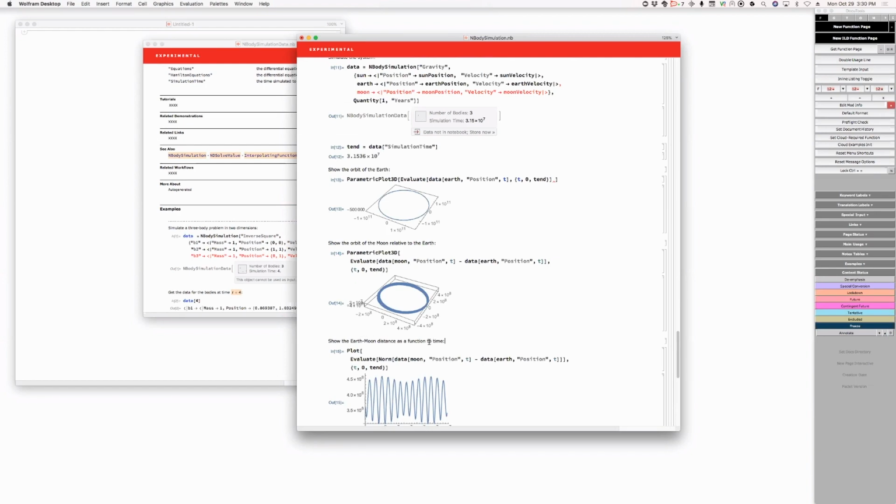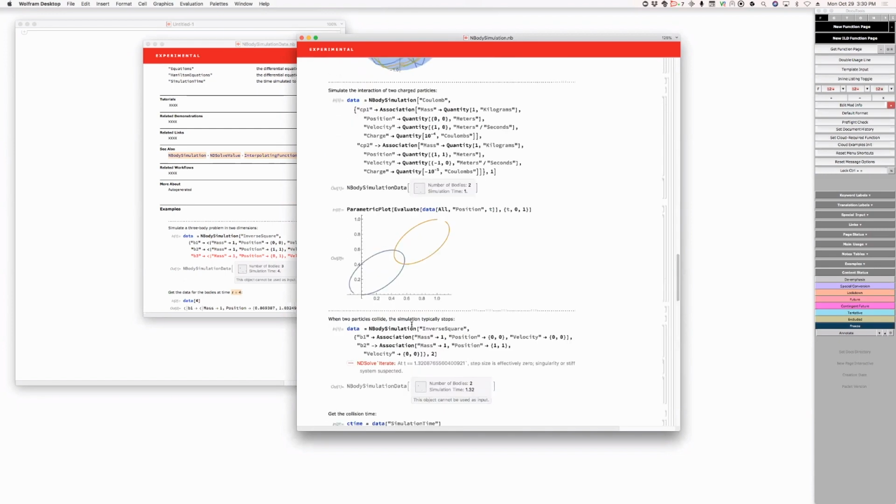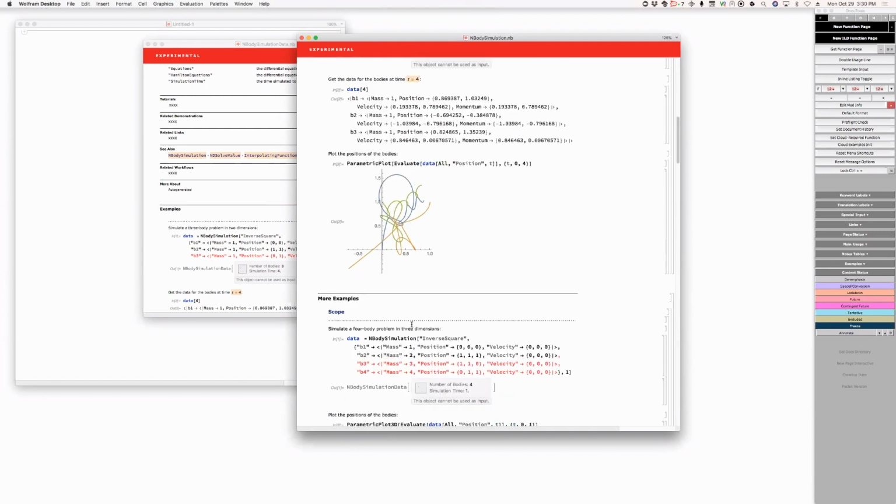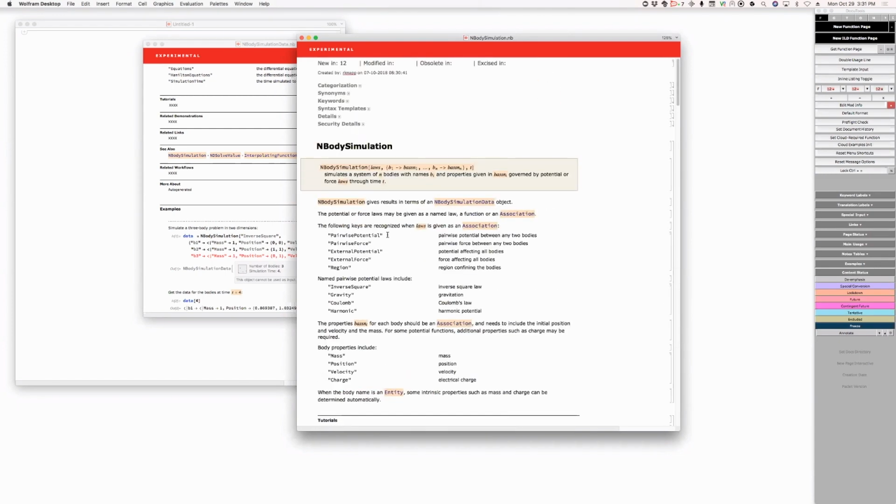Okay, so let's review again the stuff up here. Properties given in association names, through time t.